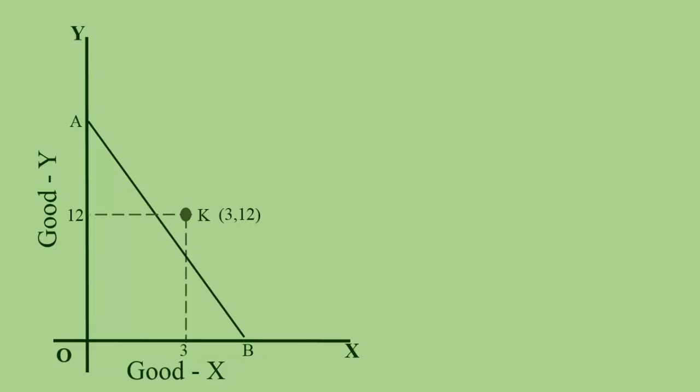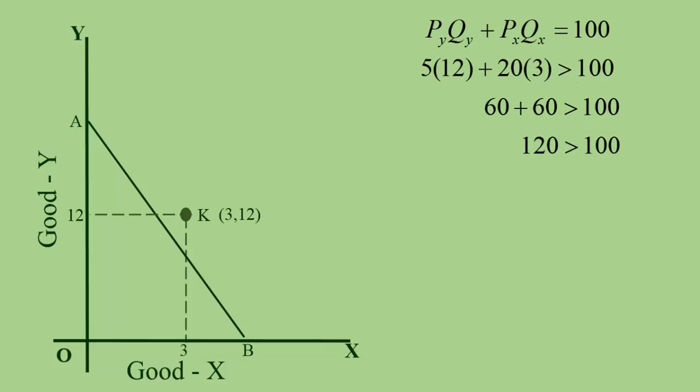It consists of 3 units of good X and 12 units of good Y. The consumer's income is 100 rupees, but the cost of the combination is 120 rupees. So the consumer cannot buy it.